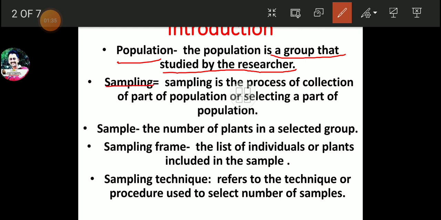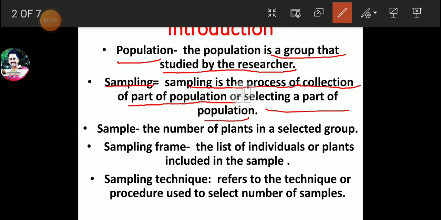Now already I have told you sampling is the process of collection of a part of population or selecting part of a population. Again, I will give you an example. Suppose we are having about 100 rose flower plants, but we want to take a sample from that.